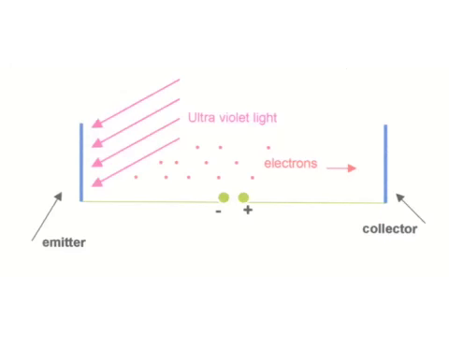So I could find the maximum kinetic energy of these photoelectrons if I could somehow convert it into potential energy. And that's exactly what we do in order to find that energy.